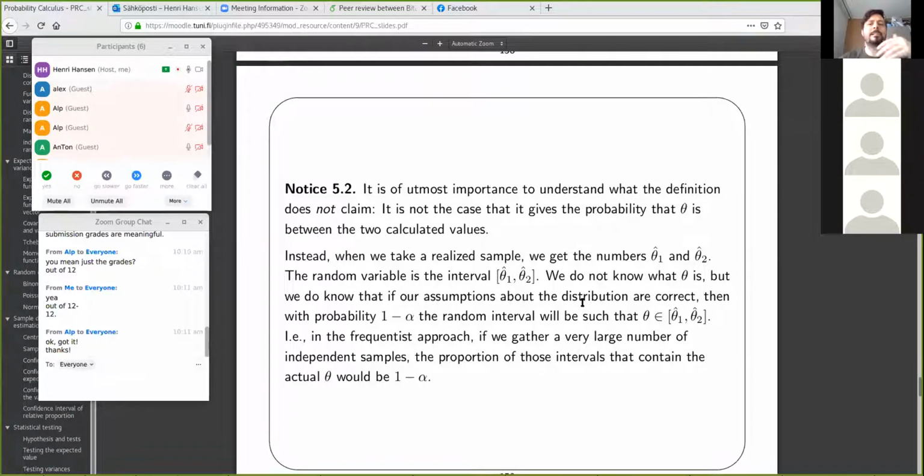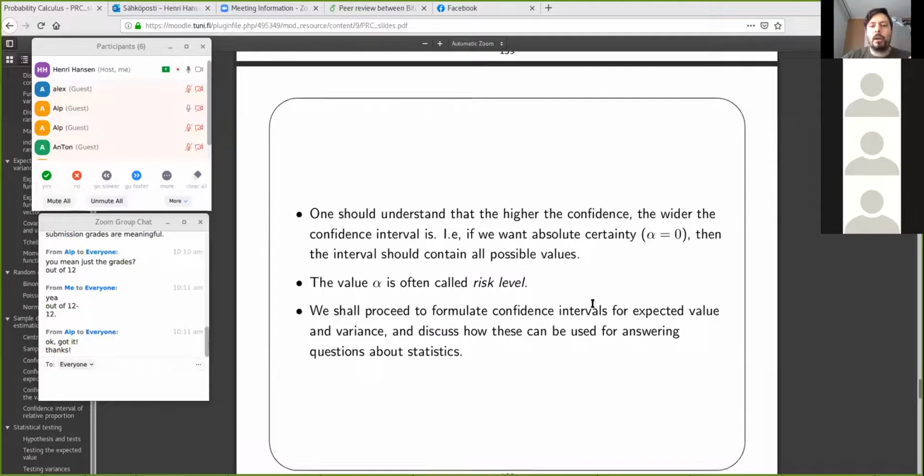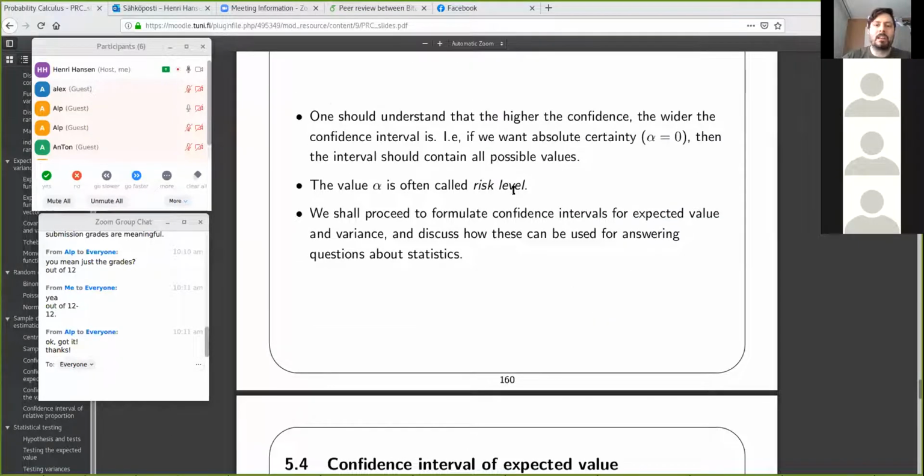We'll be using this idea today. So we talked about the risk level. So alpha is the risk of getting an interval that does not contain your actual value, even if everything you assumed is correct. If what you assume is not correct, then all bets are off. That's the thing you have to understand.